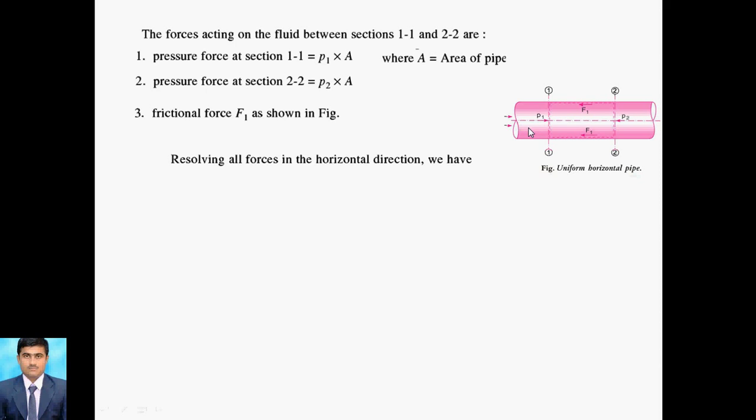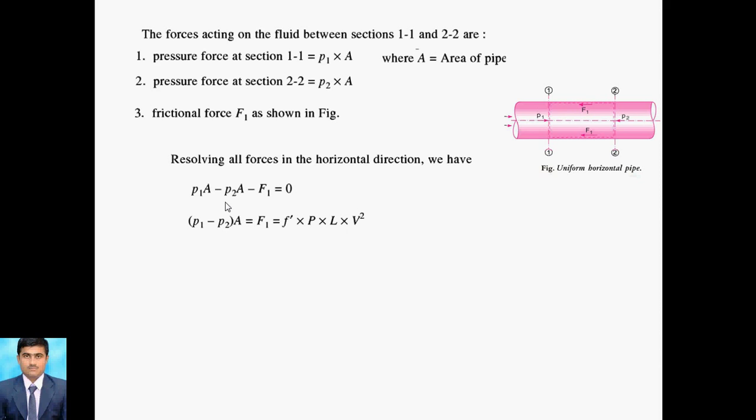The pressure force P2A at section 2 is in the opposite direction, right to left, because they are equal and opposite. So these are opposite forces. We resolve them: P1A minus P2A and minus F1. Minus F1 because the friction also acts in the opposite manner. So this is resolving the forces in the horizontal direction.